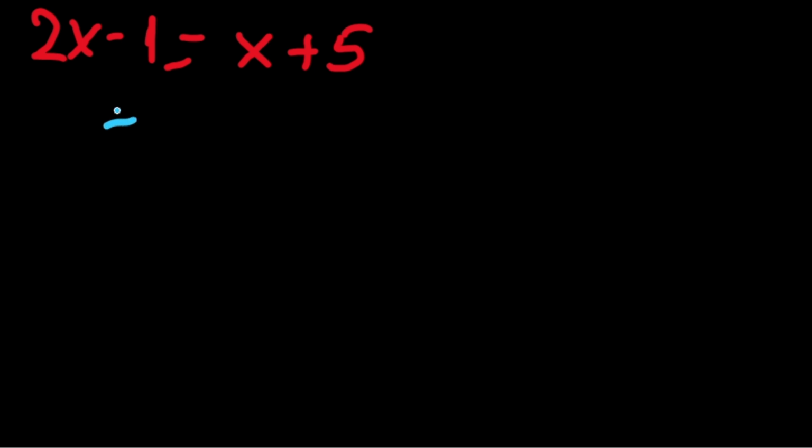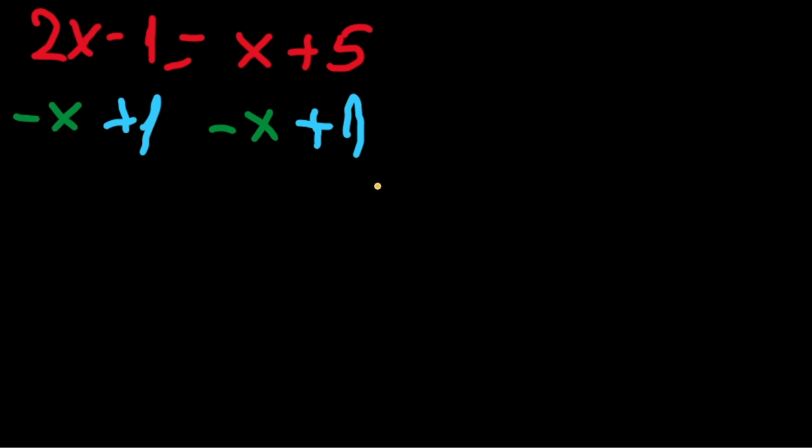Okay, now x, let's bring x to the other side, to the 2x. So we have a plus x, so it's going to be a minus x here. We write minus x here, and minus x here too.